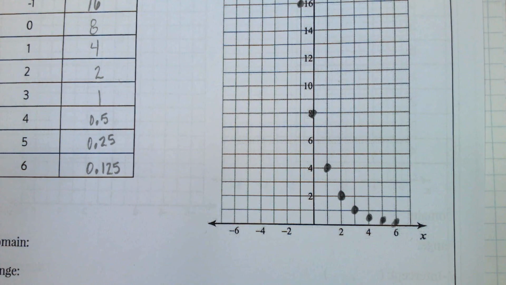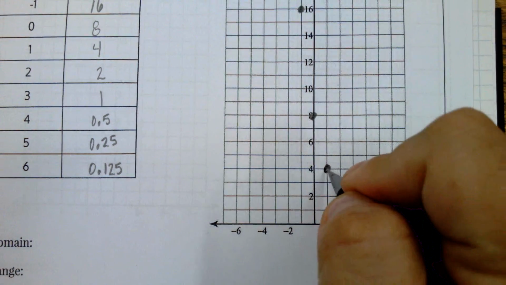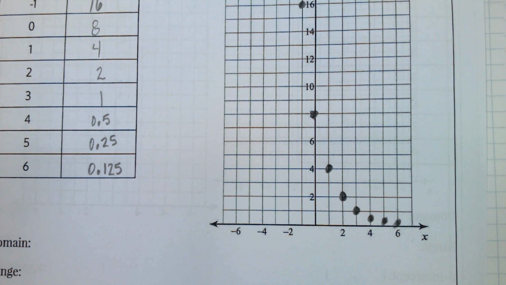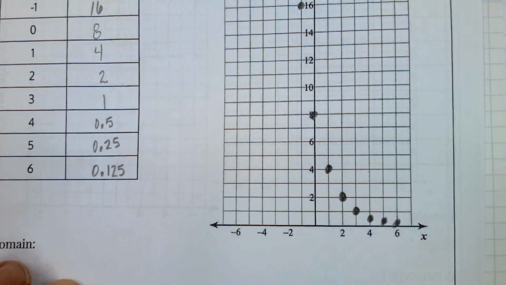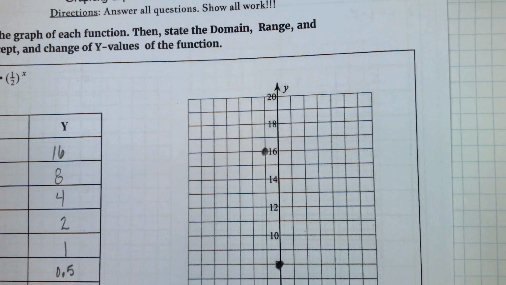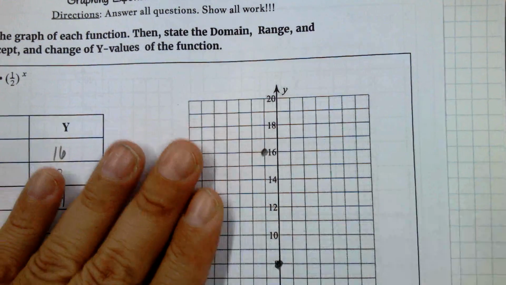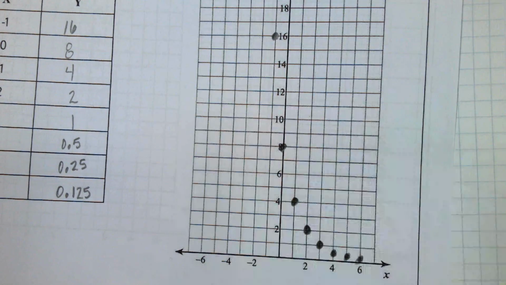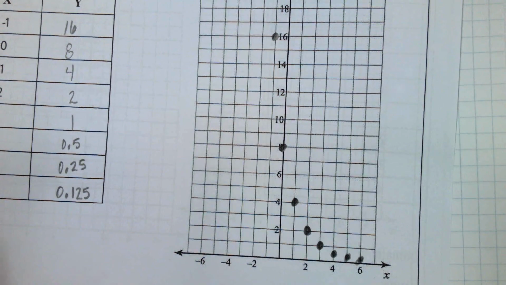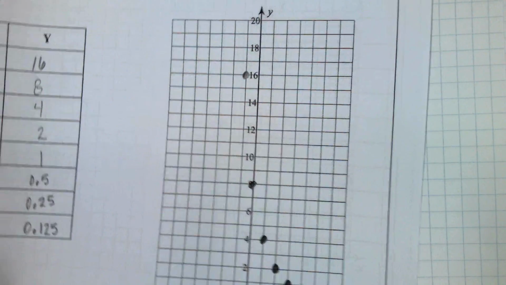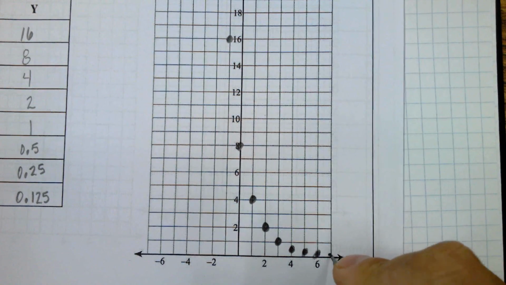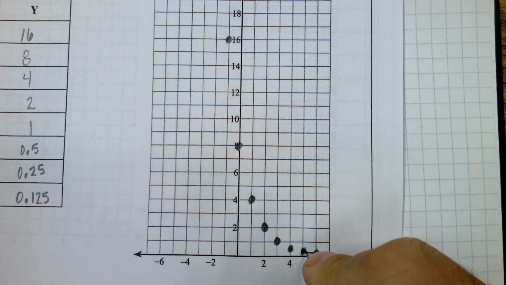Okay. All right. So let's go ahead and now the fun part. You can go from the bottom and connect the points up. You know how it should look, or from the top to the bottom. But remember, this goes infinitely close to the x-axis, but never hits it.